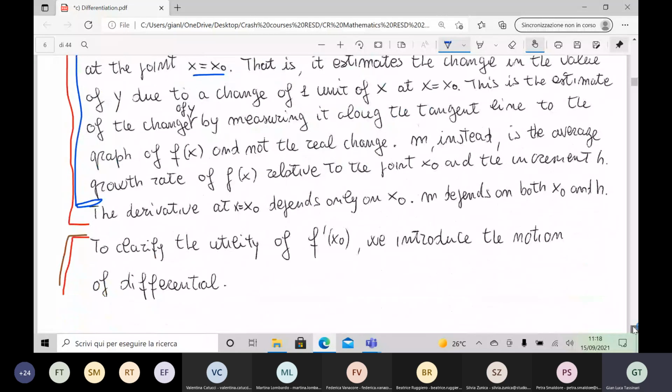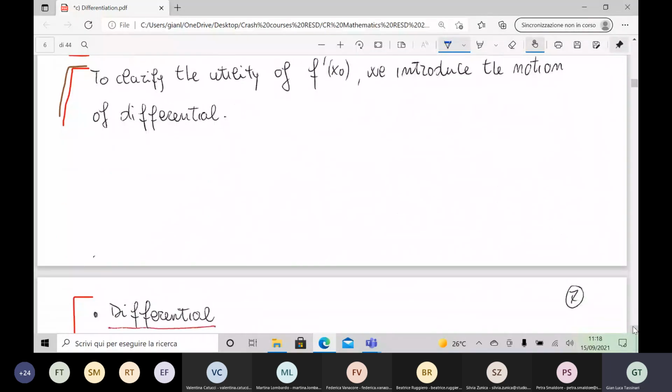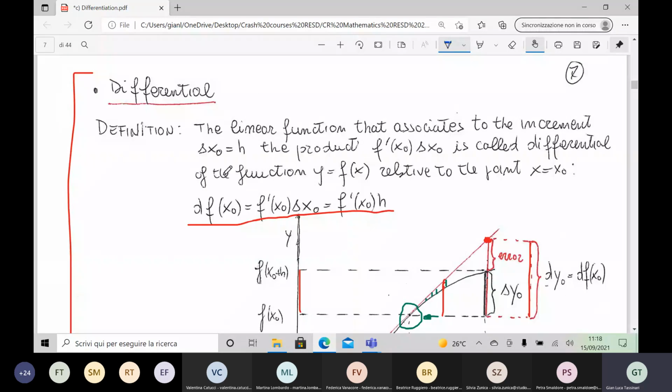So the linear definition, okay, you don't really have to remember the definition, however, read the definition. The linear function that associates to the increment delta x0 of length equal to h the product between the derivative of the function at the initial point x0 times the length of the increment delta x0, which is also h, is called the differential of your function relative to the point x equal to x0 and the interval h.